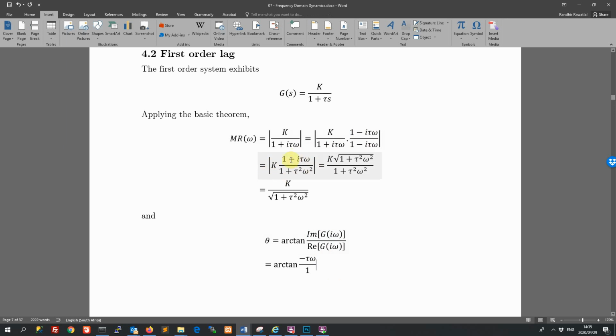This is G, and the imaginary part is going to be tau omega over 1 plus tau squared omega squared. The real part is 1 over 1 plus tau squared omega squared. If we divide imaginary part by real part, the denominators will cancel, leaving us with tau omega over 1. So it looks like that. And sorry, that was minus tau omega. So minus tau omega over 1. So that's our first order lag.